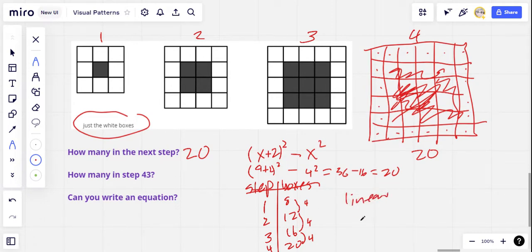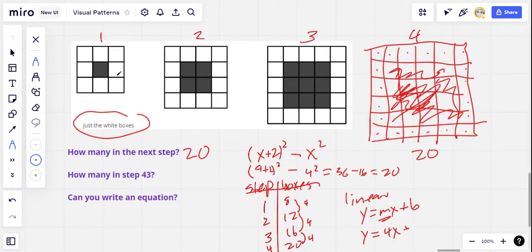You can use a linear equation to express it, which means we don't need an x squared. It's simpler than that. And in fact, we're just adding 4 every time. So we could say y equals, so the usual form is y equals mx plus b, the slope-intercept form. The slope here is our change in each step. So this is 4x, and then plus whatever you need to make it work out.